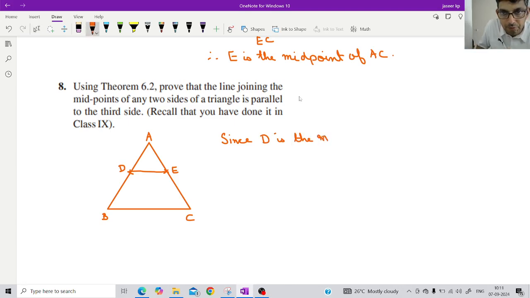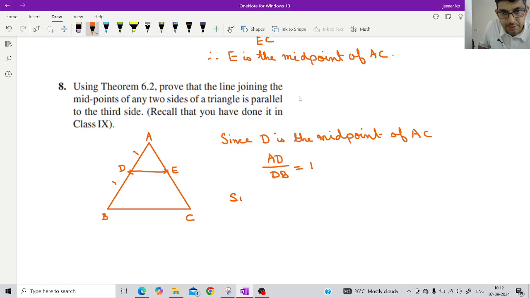Since D is the midpoint of AB, the ratio AD by DB is equal to 1, that is 1:1.